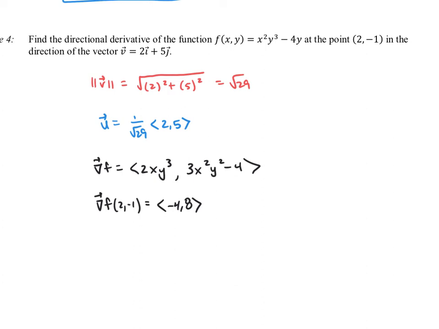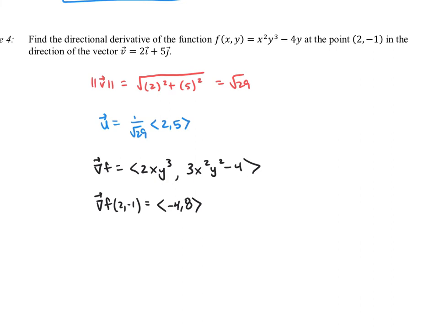Now in this case, I'm going in a different direction because the vector we're analyzing is not the same as the gradient. The gradient is (-4, 8). I'm going in this direction, 1 over square root 29 times (2, 5). So I'm not going in the same direction as the gradient, which means that the rate of change is going to be less than it would be if I went in the direction of the gradient.